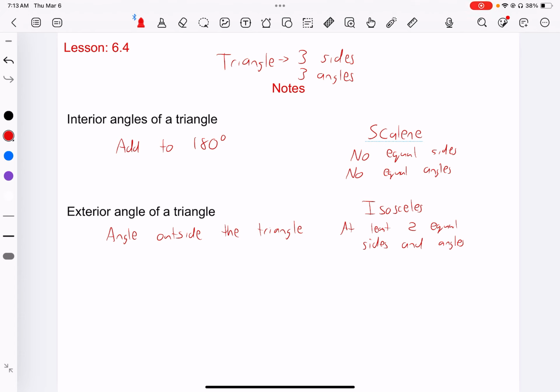And an equilateral triangle has all sides and angles equal.